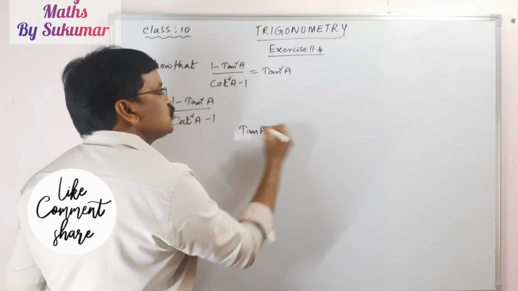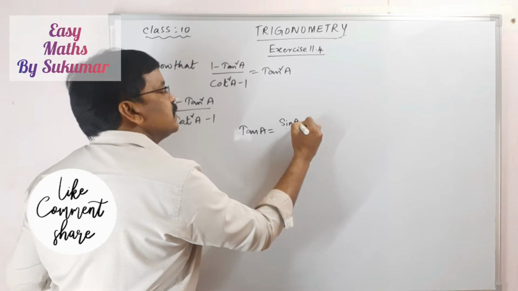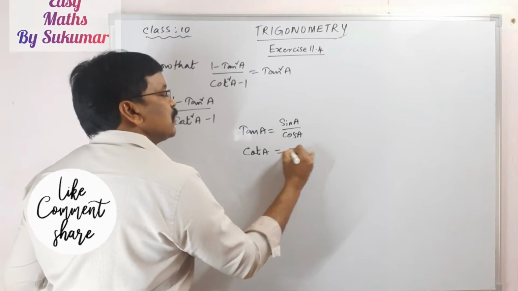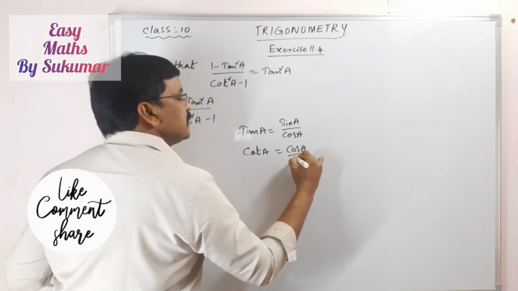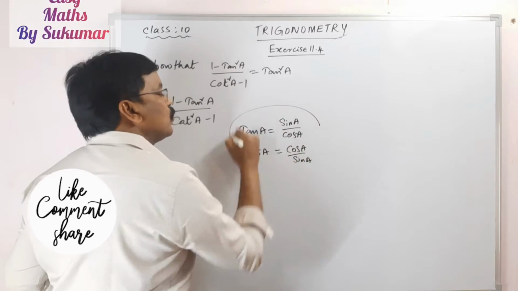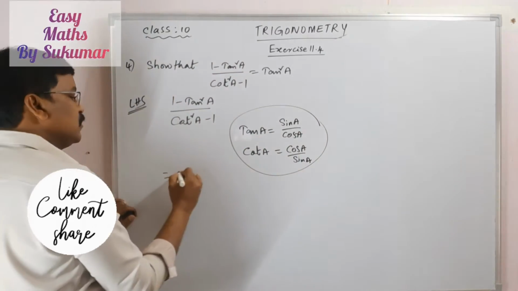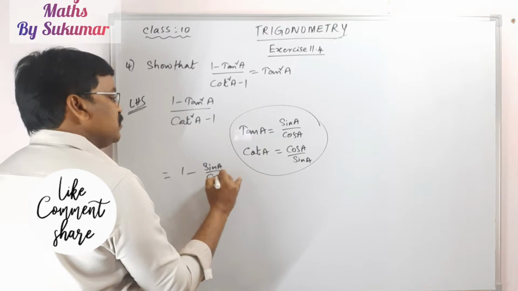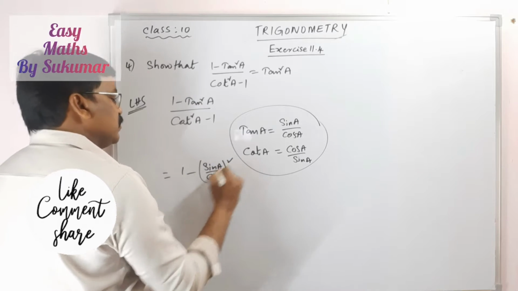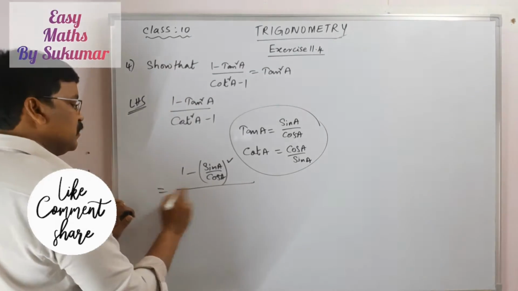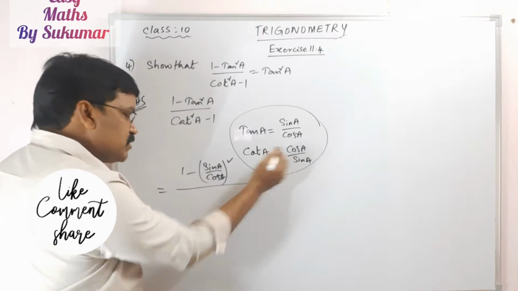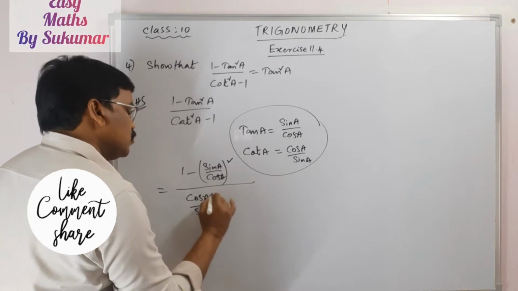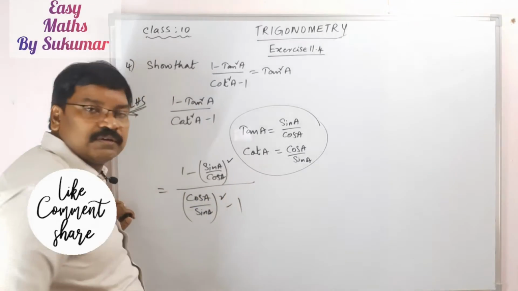See, let us use tan A means sin A by cos A, and cot A means cos A by sin A. That means instead of tan, we can write (sin A by cos A) whole square, and cot A means cos A by sin A, (cos A by sin A) whole square minus 1.